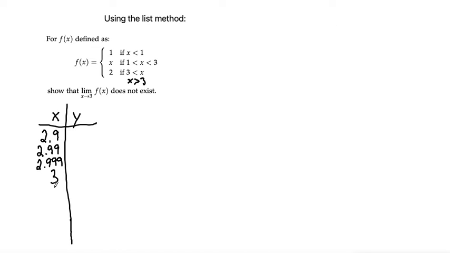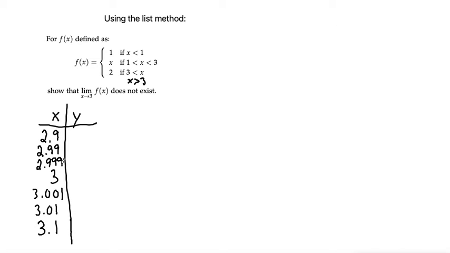And then similarly, let's put values of x underneath that are greater than 3, but not a lot greater than 3. So I'll start by going 1/10 away, to 3.1. But then I want to incrementally get closer to 3, but not actually get to 3. So let's go 3.01 and then 3.001.